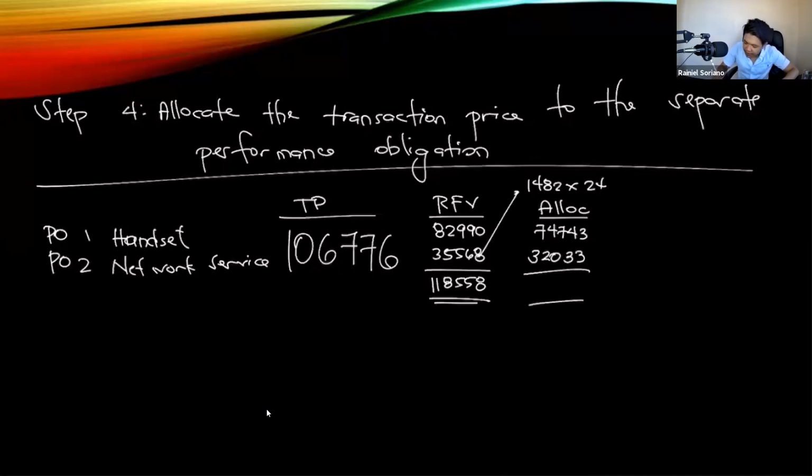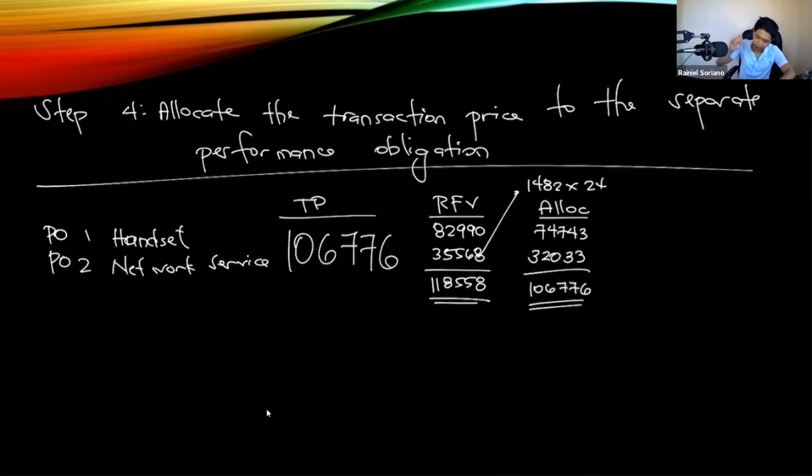Okay? Then kapag in-add mo nga yung dalawa, dapat equal yan sa transaction price natin. So 74,743 plus 32,033, that is actually equal to 106,776. Right? So that's step number 4, and that's the allocation of the transaction price to the separate performance obligation.